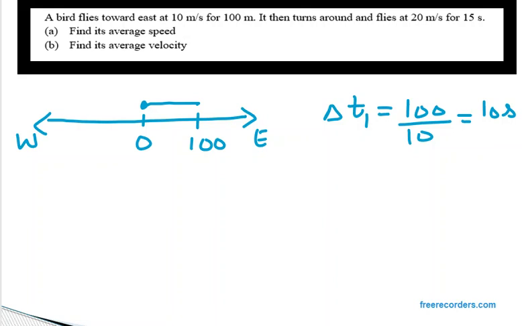Now for the second part, del t is 15 seconds, as given here. It then turns around and flies at 20 meter per second for 15 seconds. From this I can easily calculate the distance traveled.